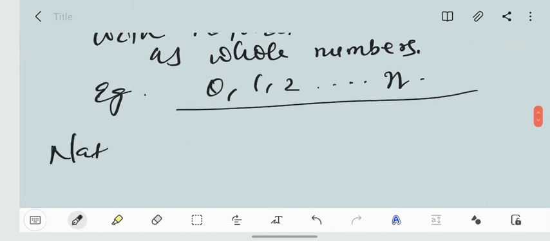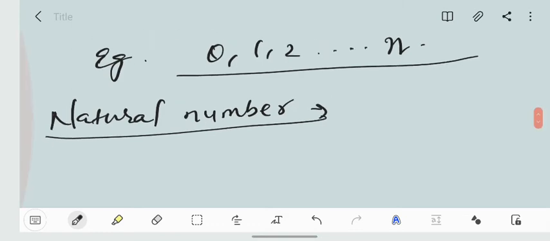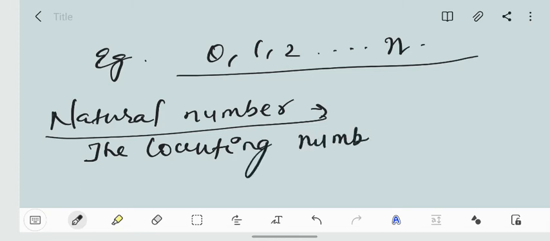And natural numbers, the counting numbers, as we have already learned in our previous classes. Like counting, when our forefathers or elders used to ask us to start counting the numbers, you always started with 1, isn't it? So 1 is what the natural number starts with. So the counting number is known as natural number.